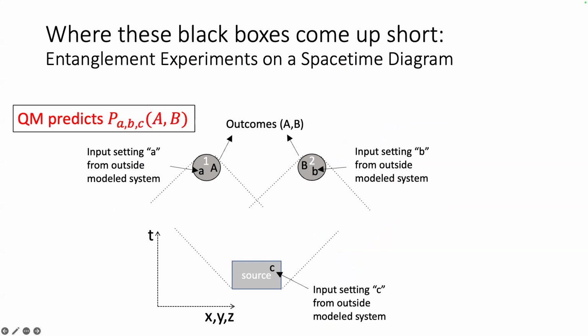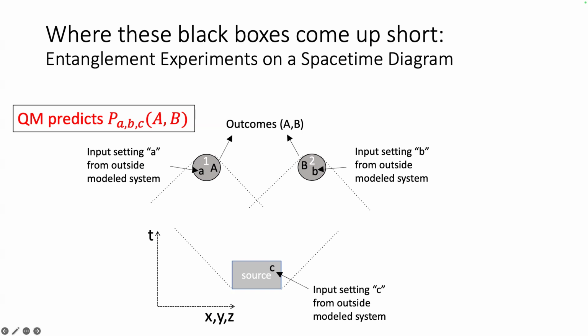So here's my space-time story for an entanglement experiment. You create some entangled particles at some source. You eventually measure one of them at this point in space-time. This is like space, and that's time, right? So eventually one of the particles makes its way up here, and you measure one of them. Eventually another particle makes its way up here, you measure another one.